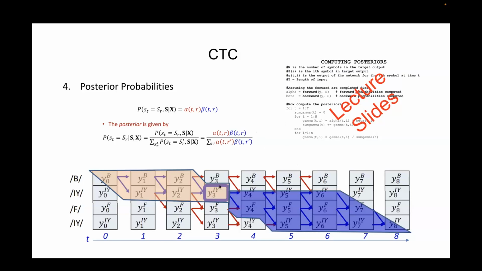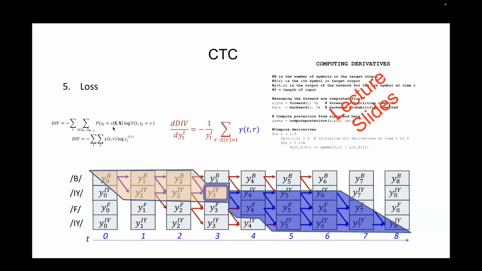Looking at alpha TR, you can basically tell what is the probability that you would have reached, given that you started from B and 0 to 8 and IY, and what is the sum of all probabilities that you encountered IY at time step 3. So that is basically your posterior probabilities.